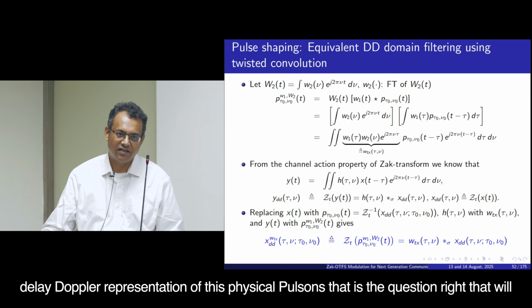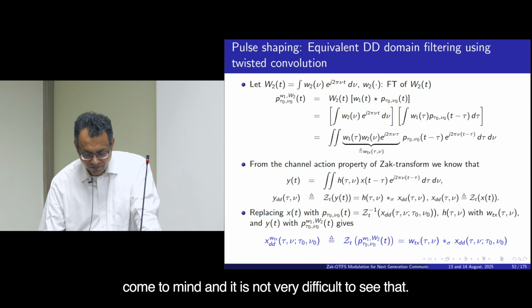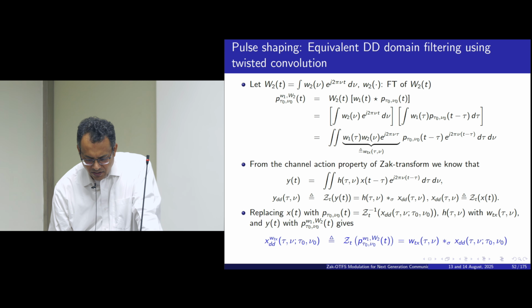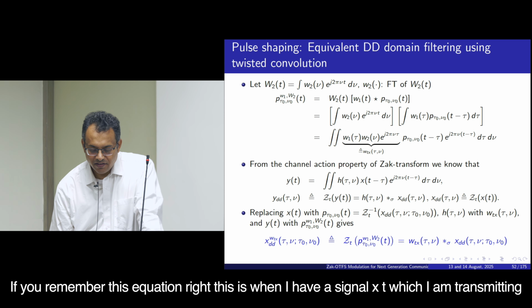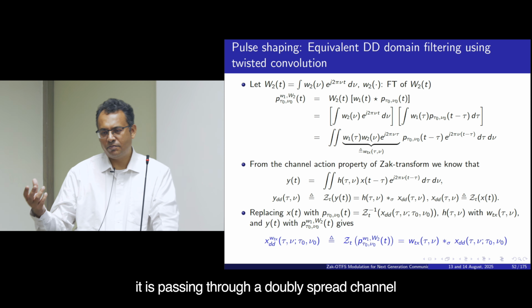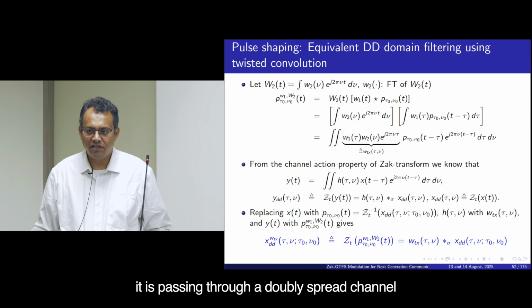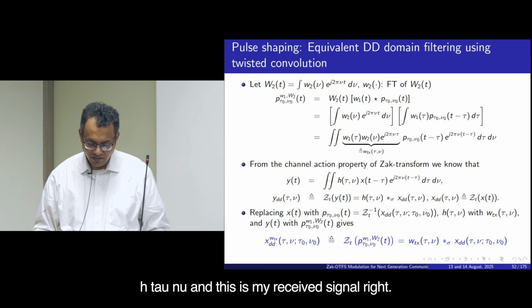That is the question that will come to mind, and it is not very difficult to see that. If you remember this equation, this is when I have a signal xt which I am transmitting, it is passing through a doubly spread channel whose delay Doppler spreading function is h tau nu, and this is my received signal, right.